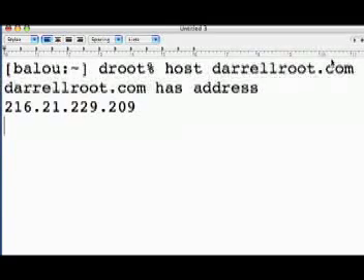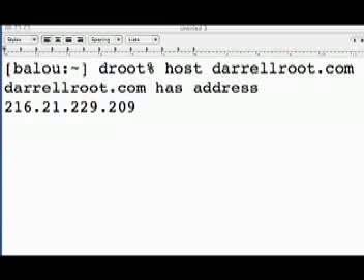But what the browser really does is look up, using something called the domain name service, that darrellroot.com is really this IP address. And then the browser is sending packets to this IP address, and this IP address is responding. That's how the internet works.